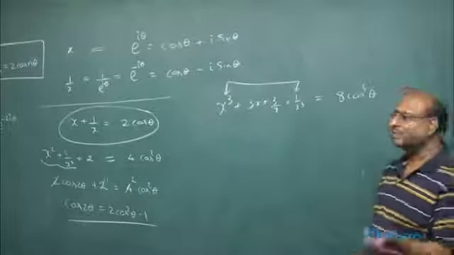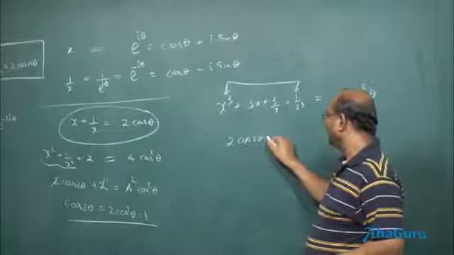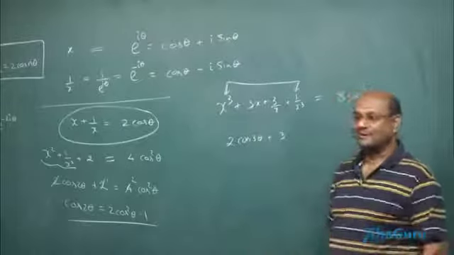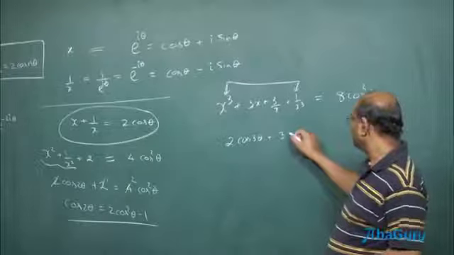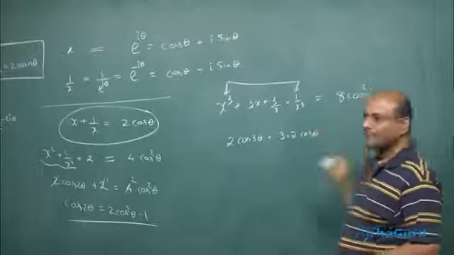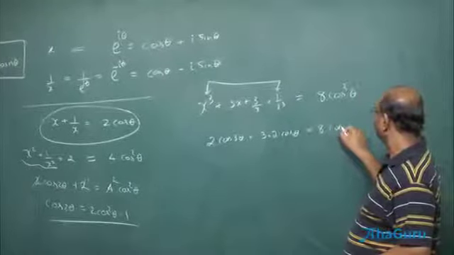Now what about this one and that one? 2 cos 3 theta. So 2 cos 3 theta plus 3 times 2 cos theta. X plus 1 by x is 2 cos theta, so 3 times 2 cos theta. This is 8 cos cube theta.